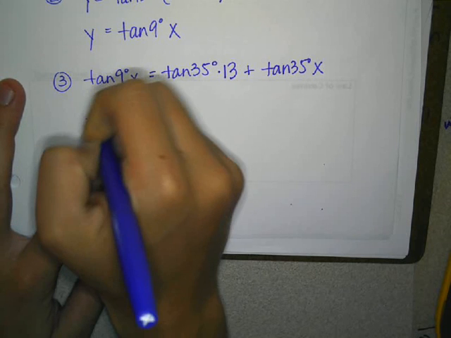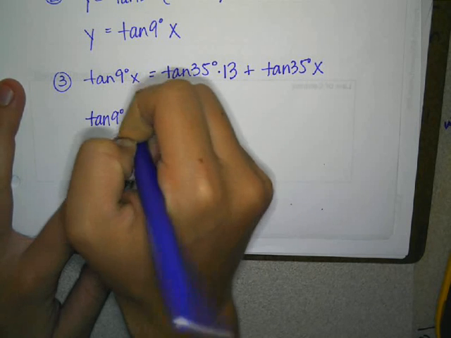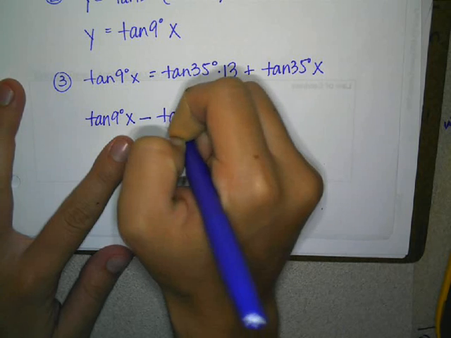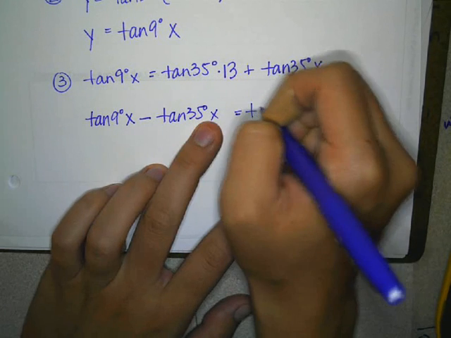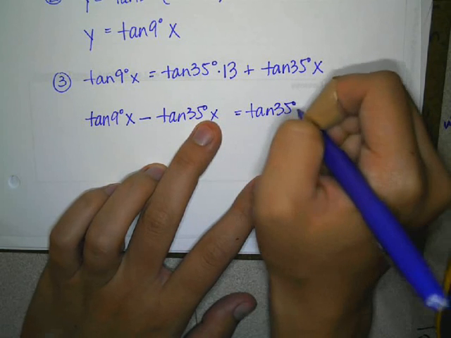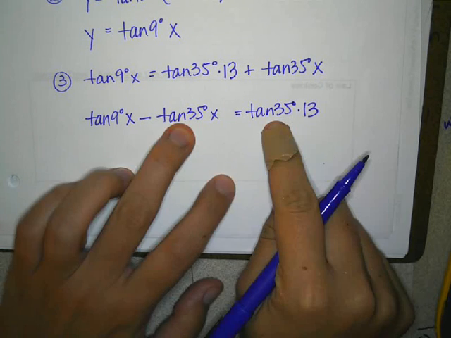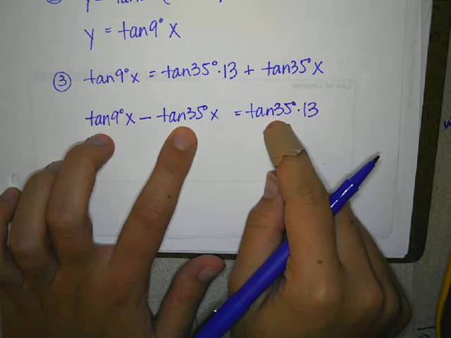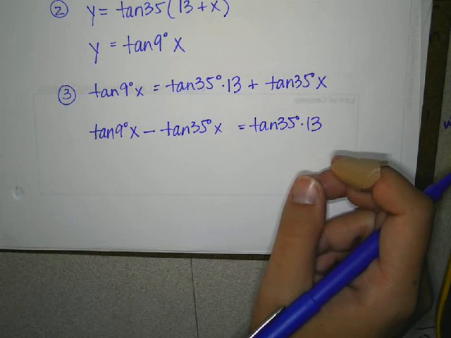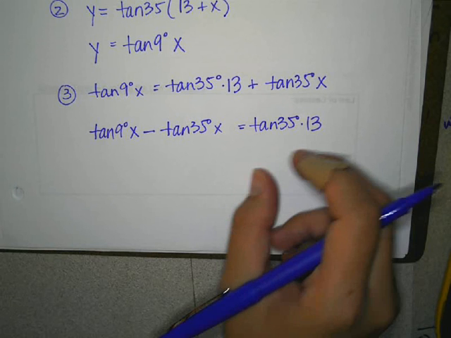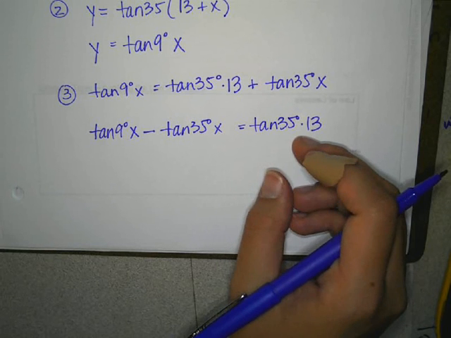So you have tan 9x minus tan of 3.5 degrees x equals tan of 3.5 degrees times 13. Now I know all of these are decimals, but to be as accurate as possible, I'm trying to keep it so I can use my stored values eventually.